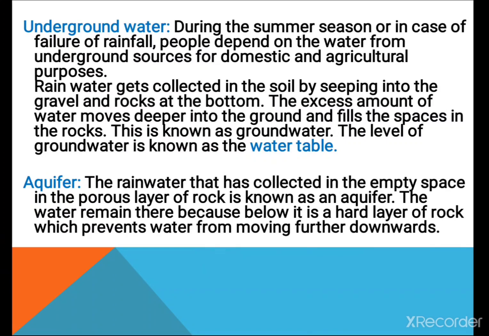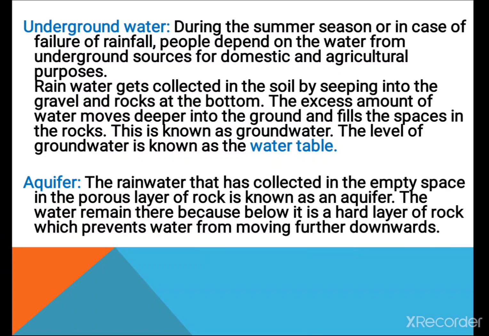Underground water. During the summer season or in case of failure of rainfall, people depend on the water from underground sources for domestic and agricultural purposes. Rainwater gets collected in the soil by seeping into the gravel and rocks at the bottom.